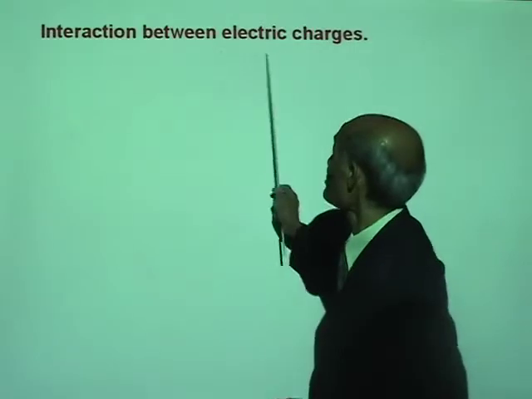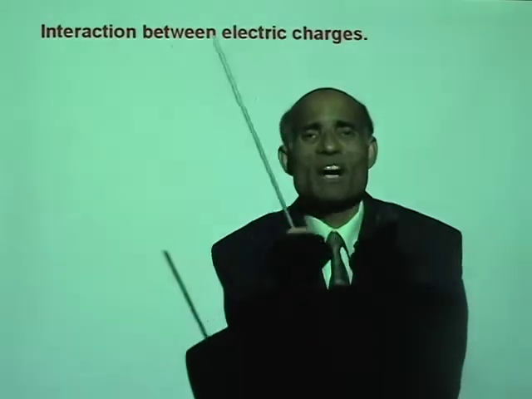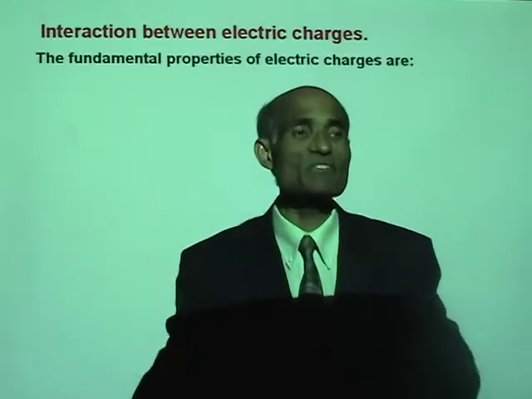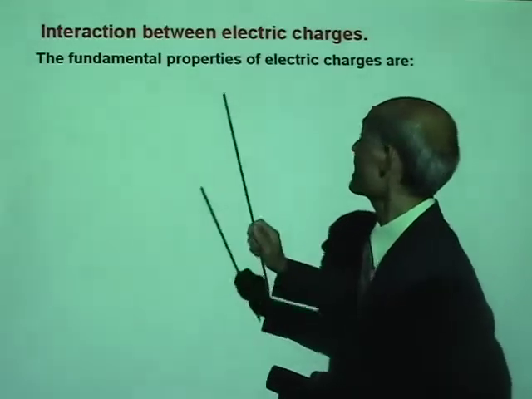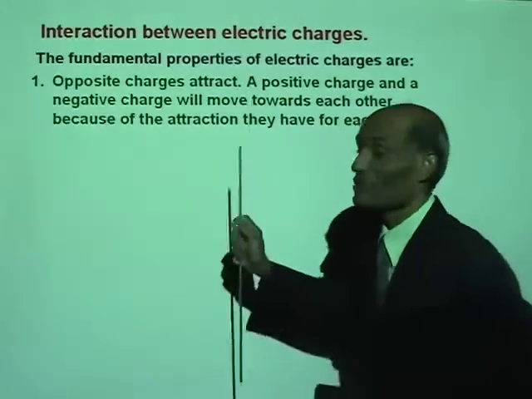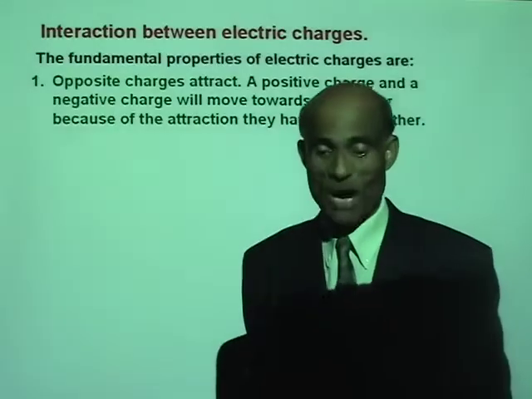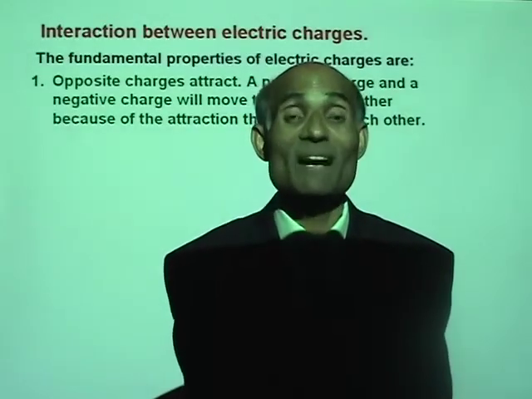Now, interaction between electric charges. How do a positive charge and a negative charge interact? Now, the fundamental properties of electric charges are: opposite charges attract. If I keep a positive charge and a negative charge, they will attract.